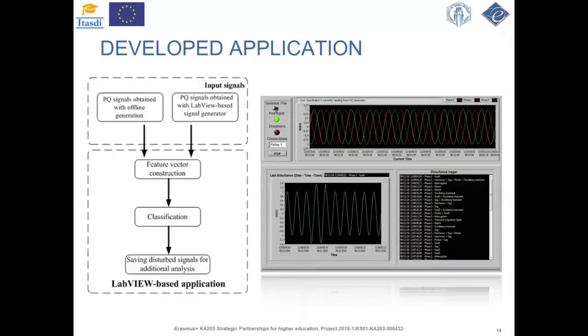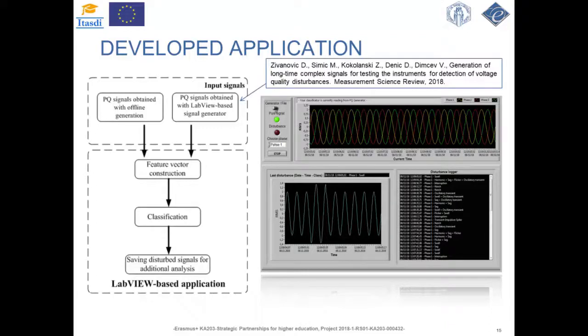The input of this application can be two different types of power quality signals obtained from two different sources. The first type is power quality signals obtained with offline generation, or power quality signals read from a text file, and the second type are power quality signals obtained with the LabVIEW-based signal generator that is referenced here.